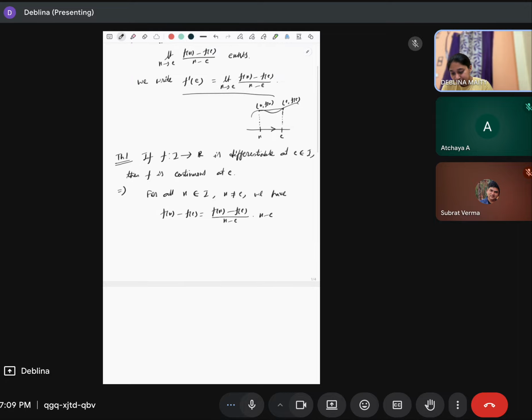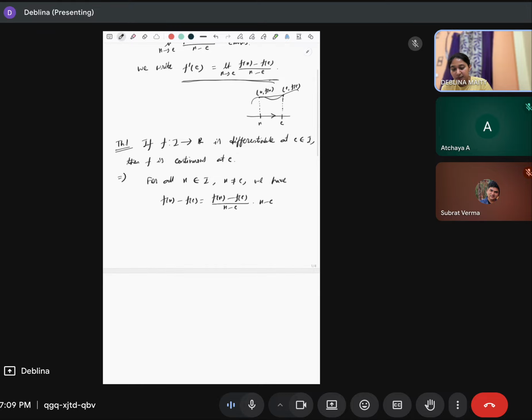So since f is differentiable, this limit exists. Now if we take the limit on both sides as x tends to c, we get the limit of (f(x) minus f(c)) by (x minus c), into the limit as x tends to c of (x minus c).